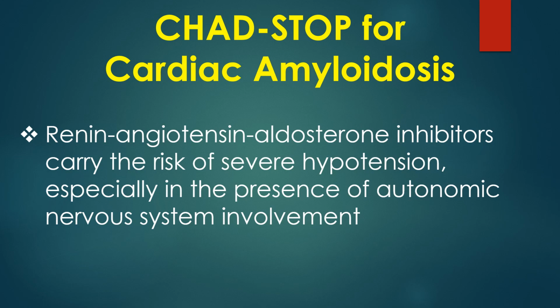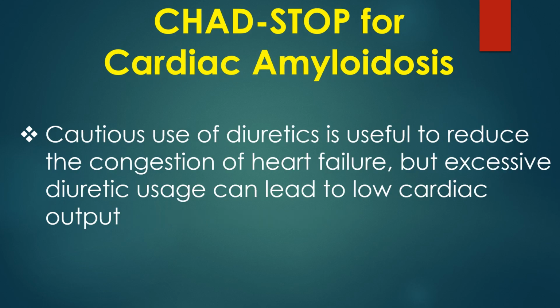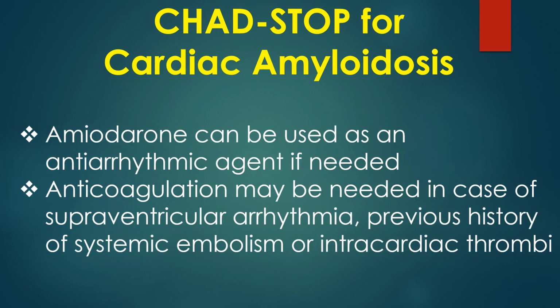Renin-angiotensin aldosterone inhibitors carry the risk of severe hypotension, especially in the presence of autonomic nervous system involvement. Cautious use of diuretics is useful to reduce the congestion of heart failure, but excessive diuretic usage can lead to low cardiac output. Amiodarone can be used as an antiarrhythmic agent if needed.